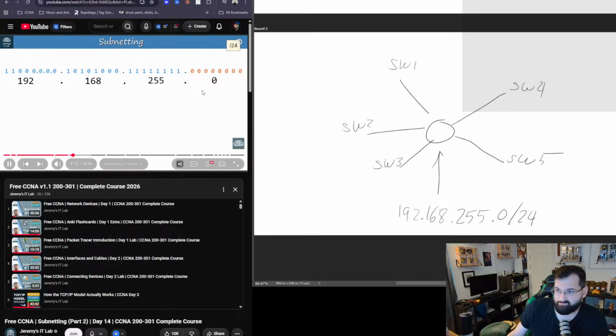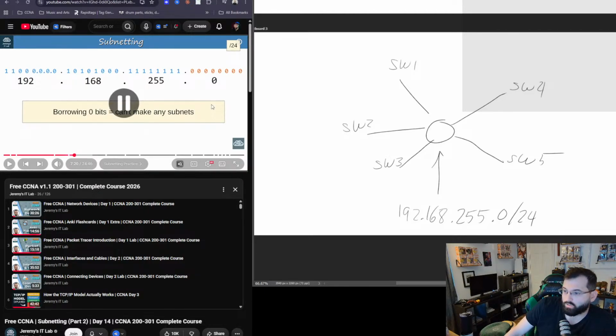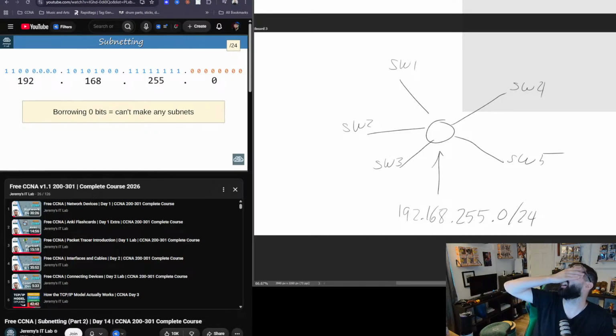So all we have to do to solve this problem is find how many bits we have to borrow from the host portion. Currently, we are borrowing 0 bits from the host portion. That means that... So our host portion is 24, which means that's a possible of... 2 to the 8th. Is that 255? Wow.